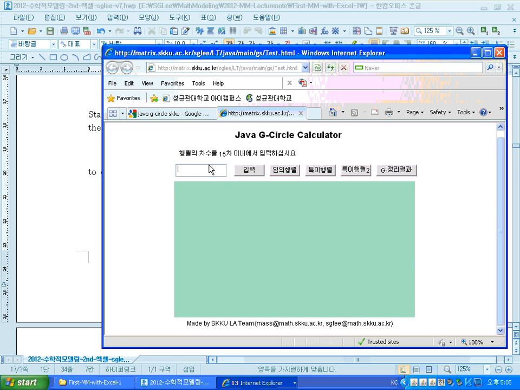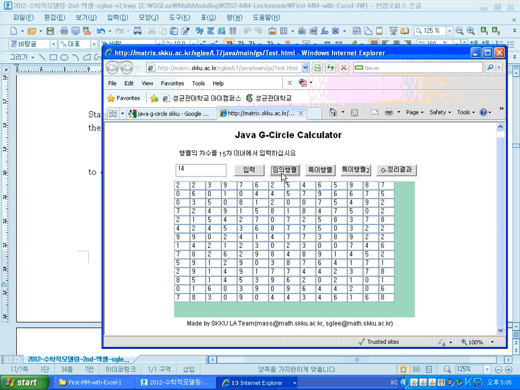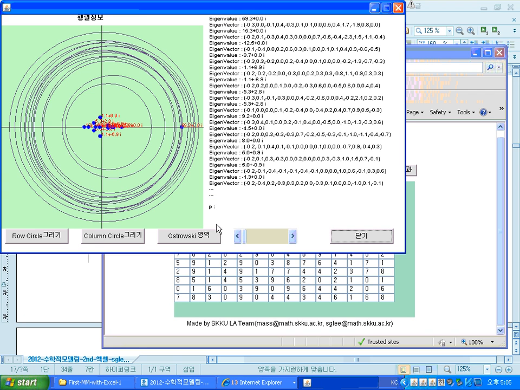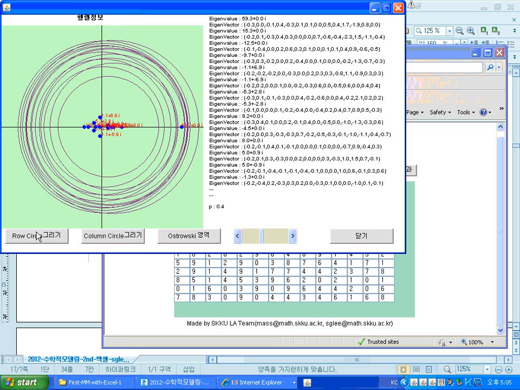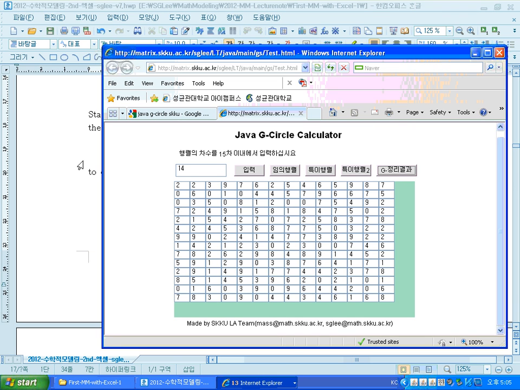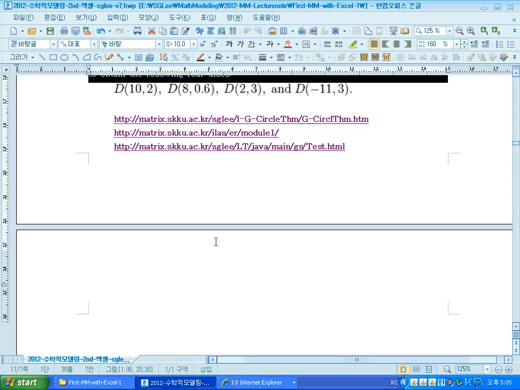For example, if we have a 14 by 14 matrix, then we can choose the random matrix, then we can draw the Gershgorin circles, and so you will see where the eigenvalues are located. Okay? Those are the web addresses.